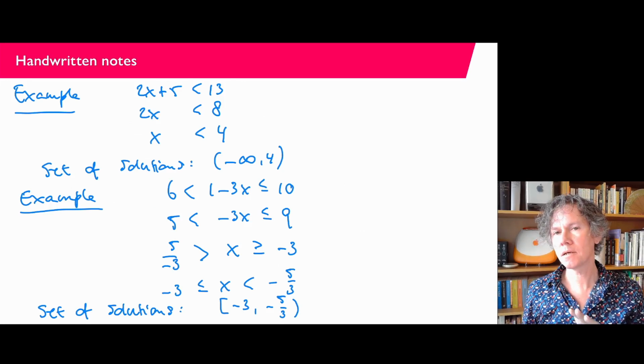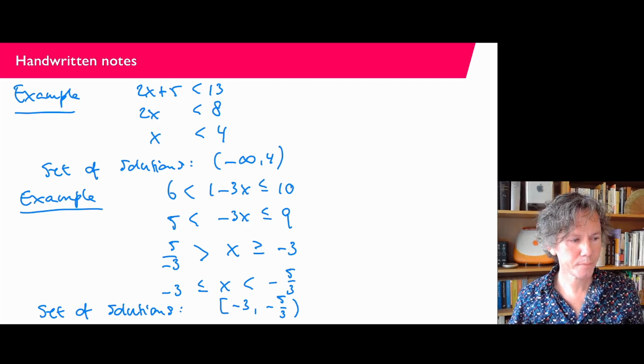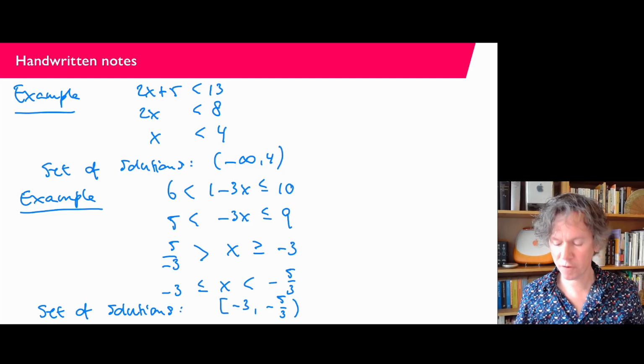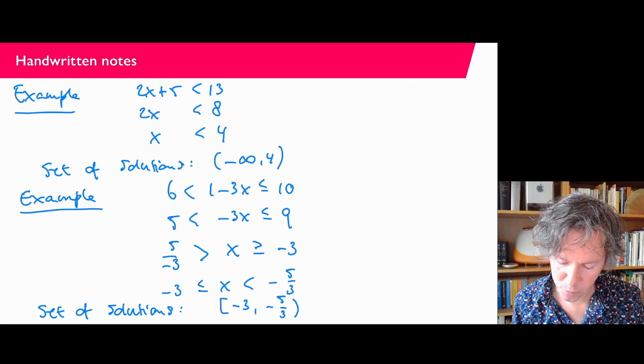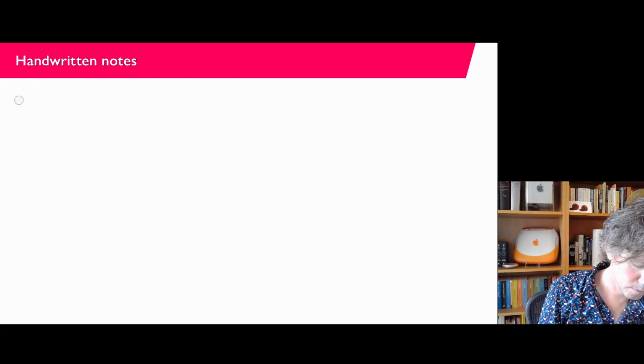Now let's make it even a little more challenging. I'm going to look at an inequality where we have a fraction. So let me get some fresh paper. Third example.